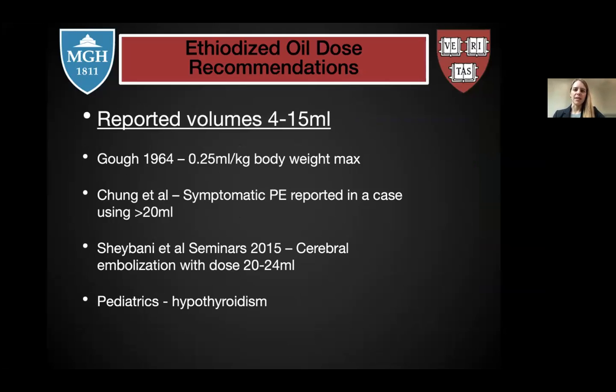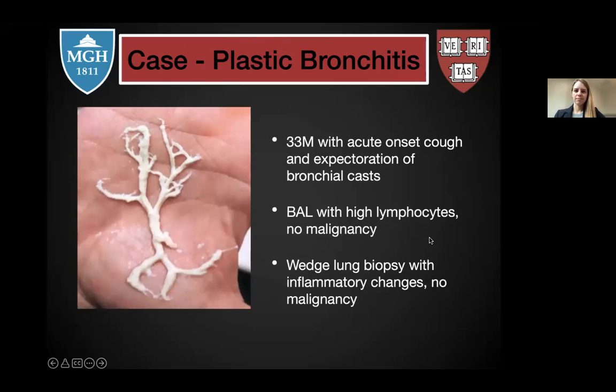Again, if you have this Lipiodol traveling through the system, it empties into the subclavian vein and ultimately a portion of it ends up in the lungs. And then there was this one case of cerebral embolization with high doses, although this is probably more related to the presence of a shunt. And then in pediatric patients, hypothyroidism has been experienced.